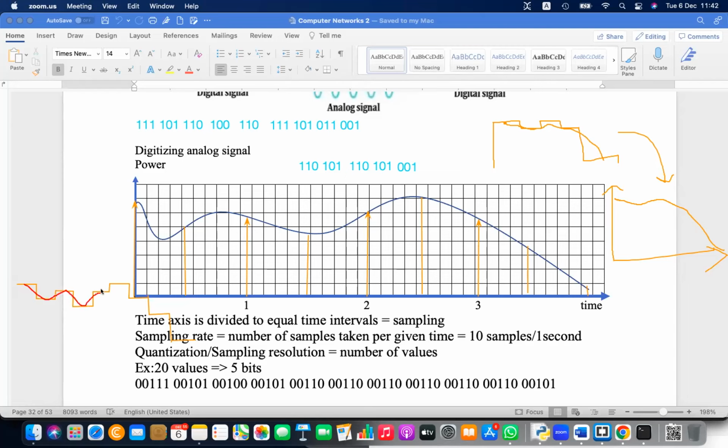Ugly drawing. Actually, I have to curve this, but I'm not curving. I'm just trying to link the middle. But actually speaking, you are curving this, right? Okay, this is the signal. So you will see some signal like this.